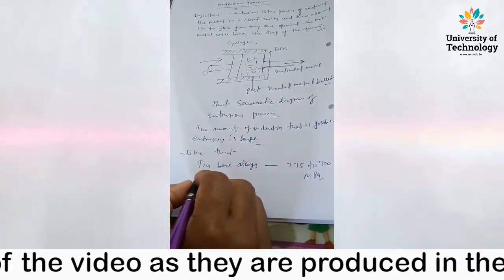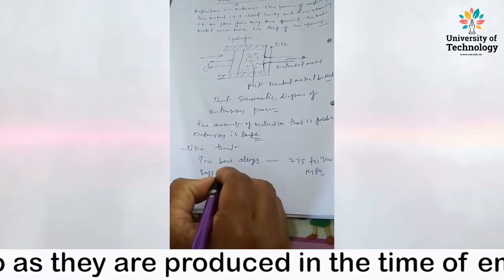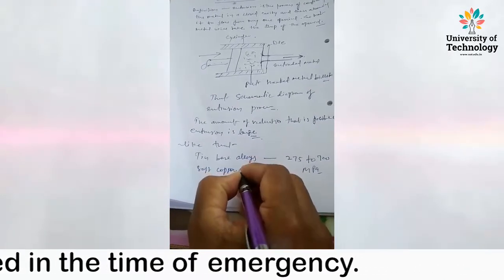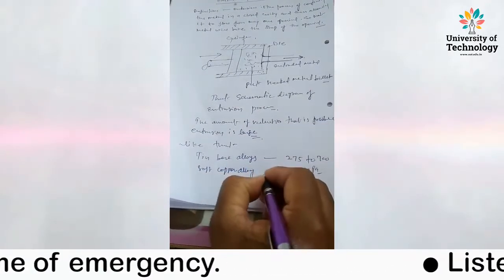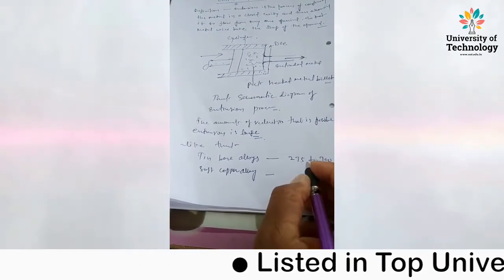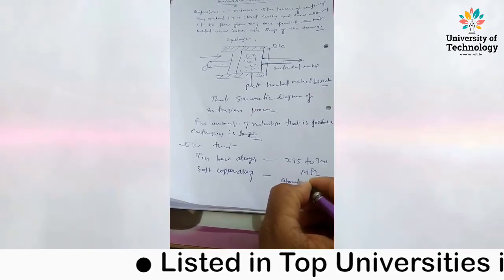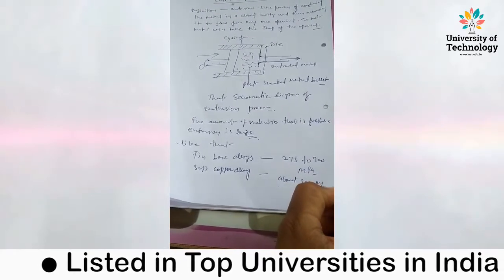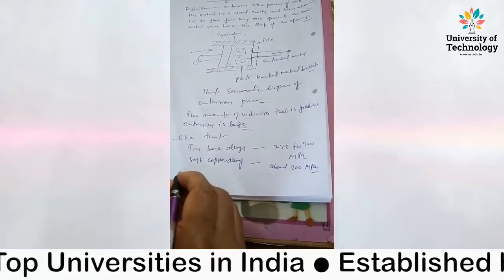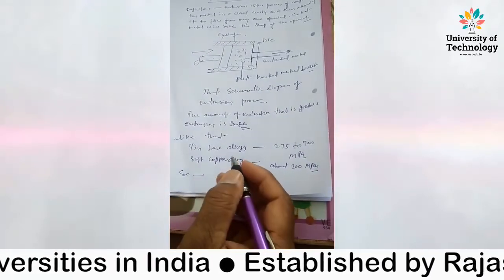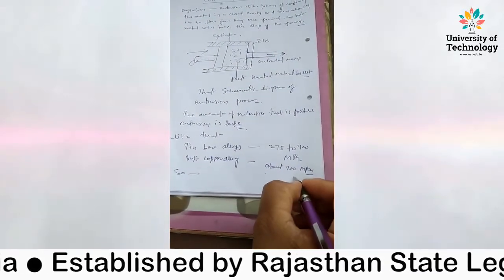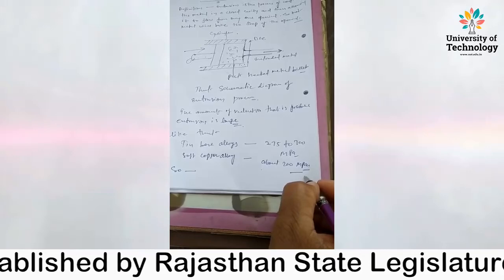Next, soft copper alloys require an extrusion pressure of about 200 megapascal. And so on. All materials have a particular extrusion pressure for extruding the required material.